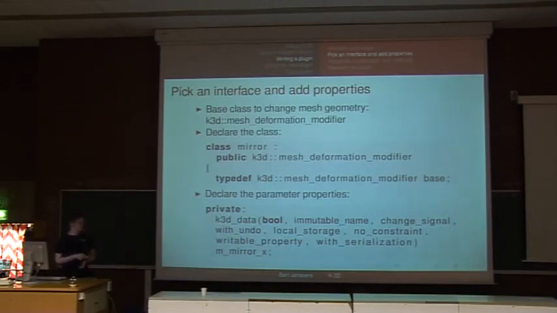The property is going to be writable, obviously, otherwise we wouldn't be able to change it. But serialization means that the property will automatically get saved into the k3d document file if we specify with serialization. Okay, so this is the basic declaration of our new class for the plugin.